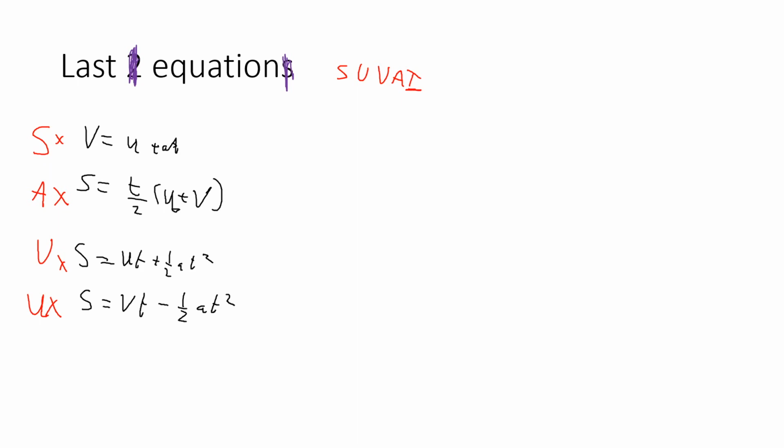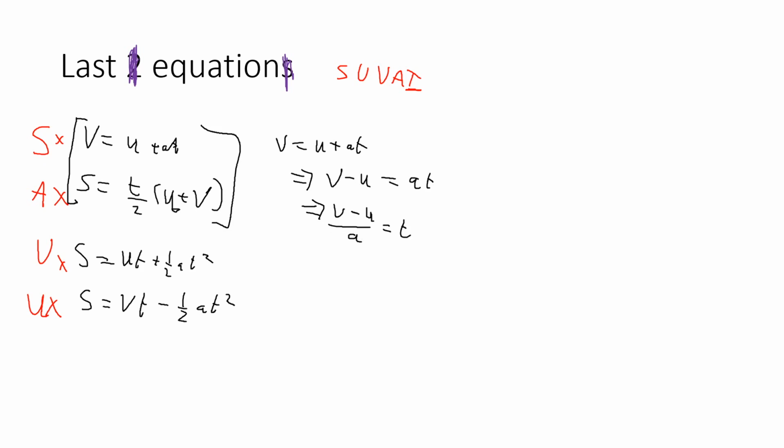To do that, we're going to use these 2 equations together again, and this time we're going to make t the subject. So if v equals u plus at, then v minus u is equal to at, and so therefore (v minus u) over a is equal to t.